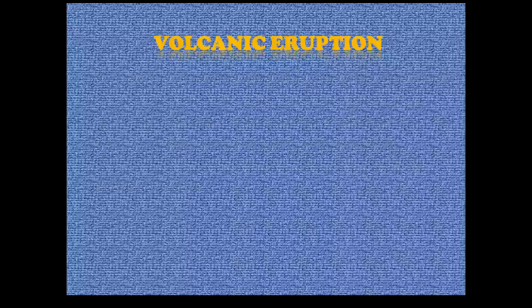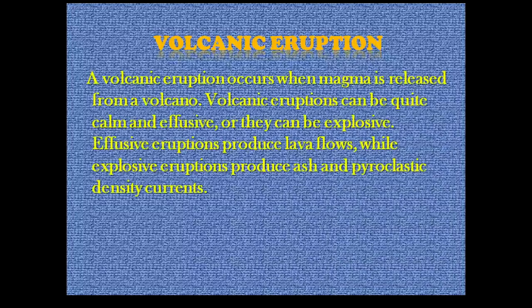Now we will see volcanic eruption. What is a volcanic eruption? We have understood first only, but we can see it again. A volcanic eruption occurs when magma is released from a volcano. Volcanic eruptions can be quiet and calm, or they can be explosive.